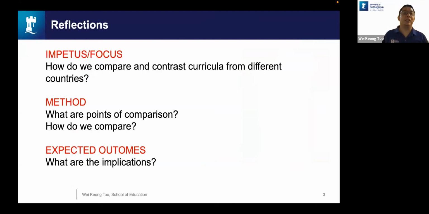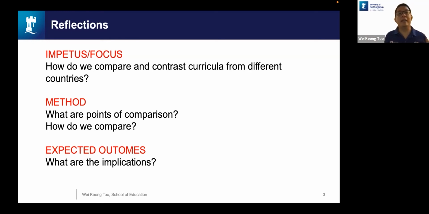So this is my reflection on this project. When I was given the opportunity to compare English language curricula in Asian countries as well as the region, I asked myself, what do I do about it?